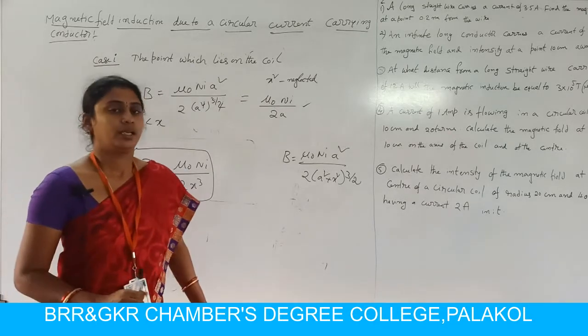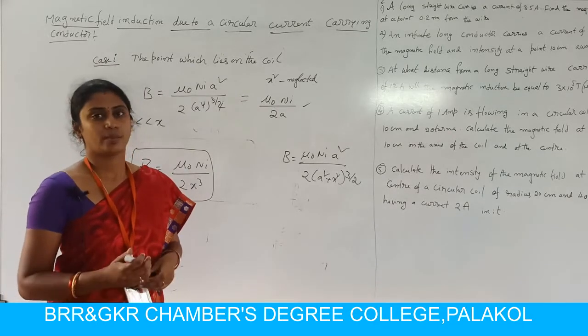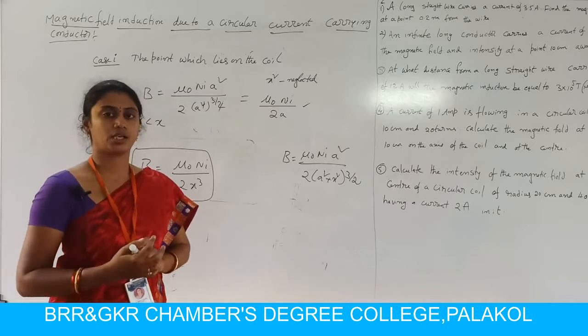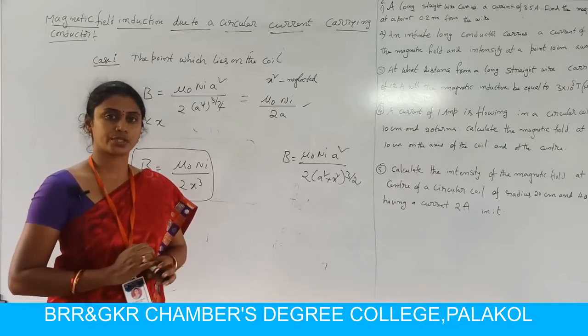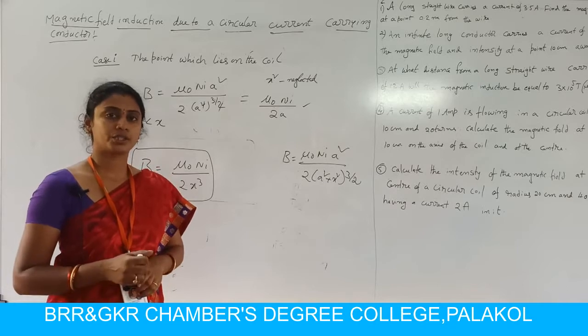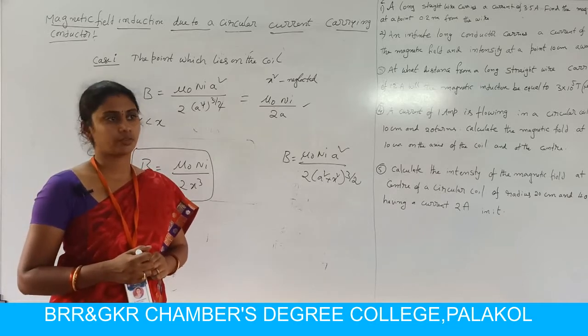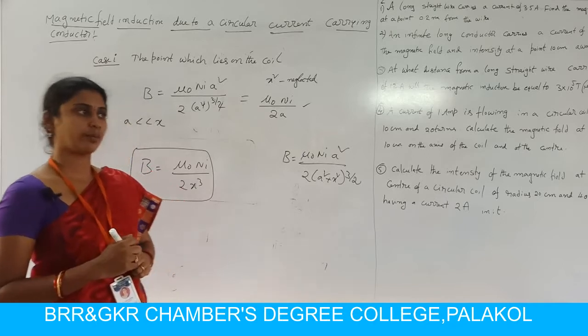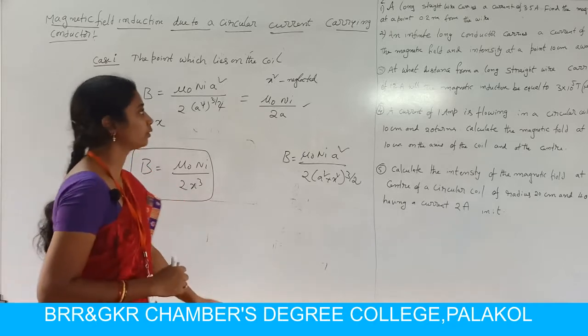So, in this session we calculated the magnetic field induction for a circular current carrying conductor. In the last session we covered Biot-Savart's law and magnetic field induction for a current carrying straight wire. Now we are doing some problems on these two topics, which are important for our examination point.